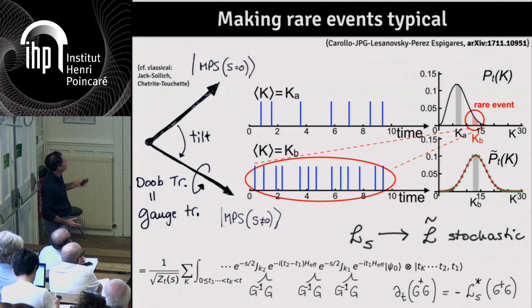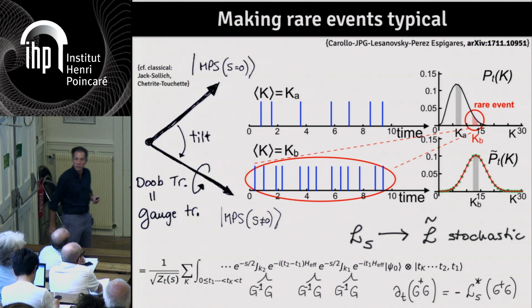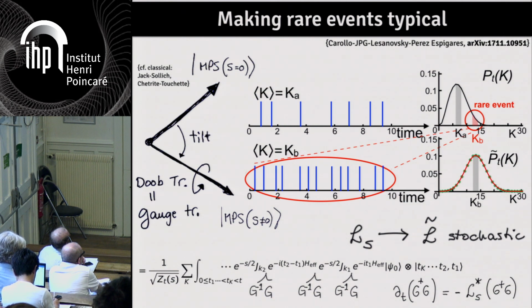So one can go from the original dynamics to the tilted, and from the tilted to a different dynamics for which this is the typical behavior. And this, in fact, is data for precisely this three-spin problem. So with this method, one can uncover interesting properties of the fluctuations, and then afterwards find the actual dynamics for which those fluctuations would be typical rather than rare.